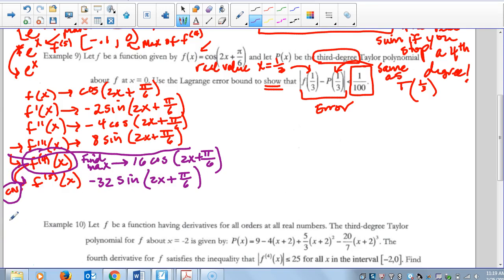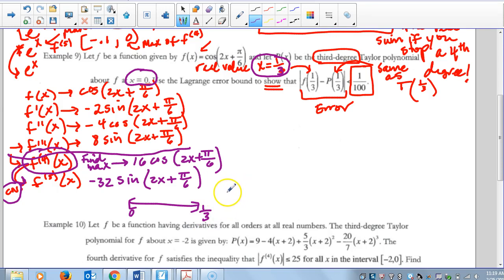So the maximum of that, now this is a Maclaurin series because x is equal to 0. So I know my center is 0. And the questionable value is 1/3. So if I were to write an interval for this, this would be 0 and this would be 1/3. And I need to know which of those gives my maximum value.